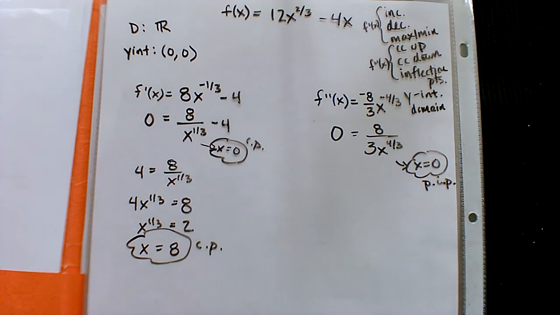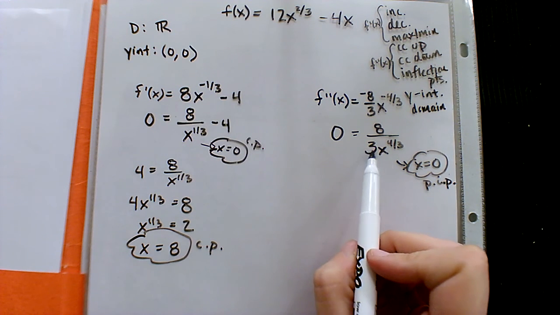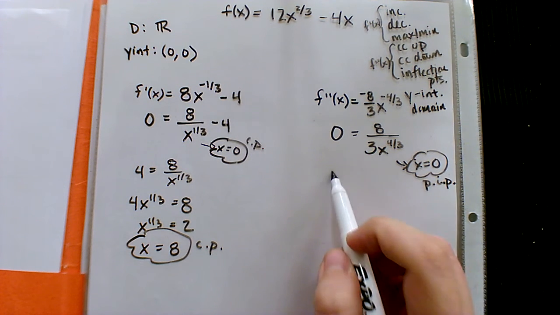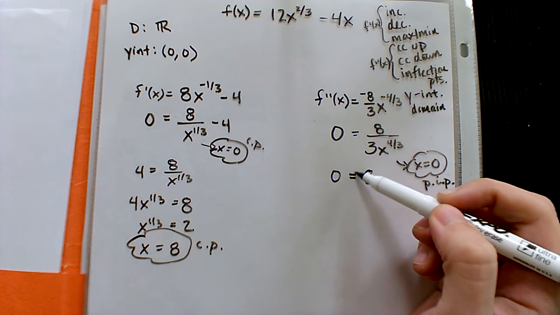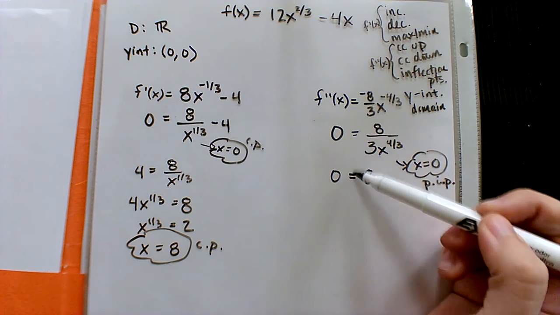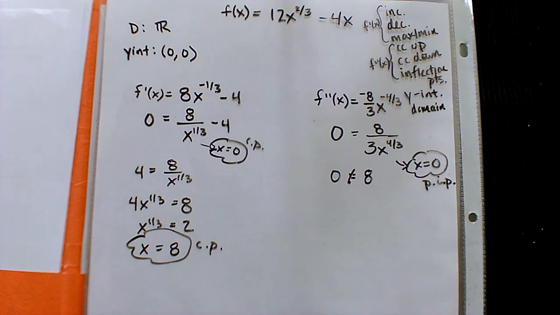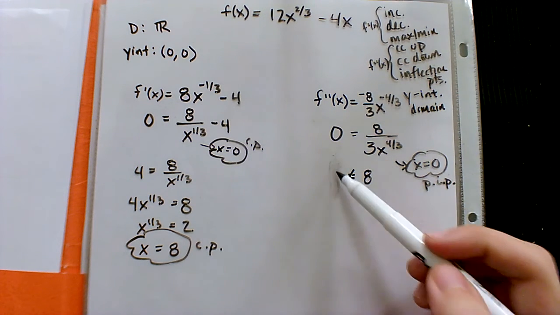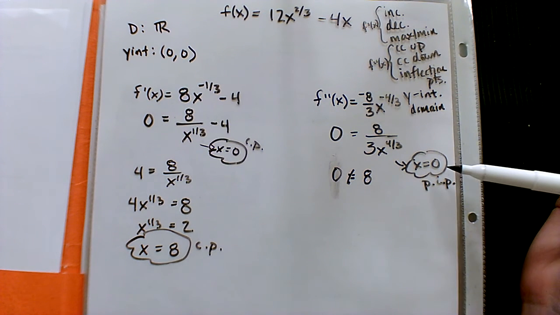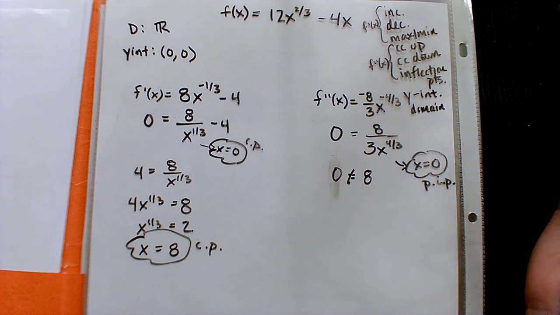Now we also have to solve for if the second derivative is 0 at any spot. If you multiply the denominator over, does 0 equal 8? Nah, not really. All right, so we do have a possible inflection point, but notice how it came from the undefined part, not the actual 0 part.